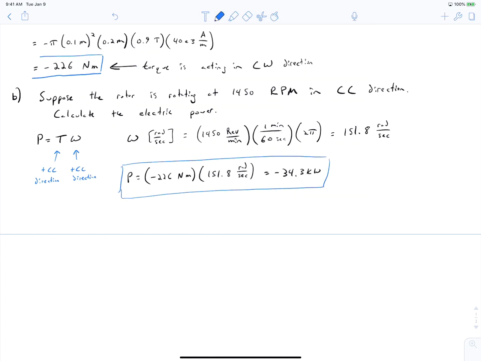And what does it mean that our power is negative? It means that we're operating as a generator. If torque was being applied in the same direction as rotation, we'd be operating as a motor, transferring energy from electric to mechanical power. But as a generator, we're going from mechanical to electric power.